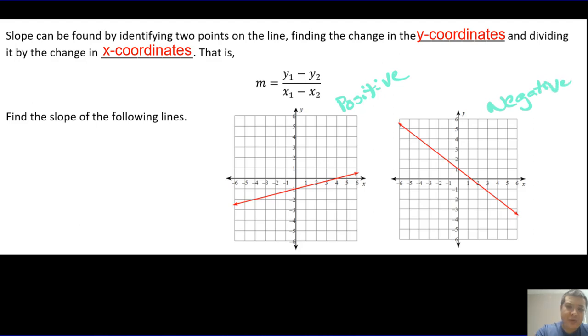But let's start with the first one over here. We're going to find 2 points randomly on here. So right here, we know that that is -4, -2. Then another one that we have is right here. This is 0, -1. And we're going to call this point 1 and this point 2.